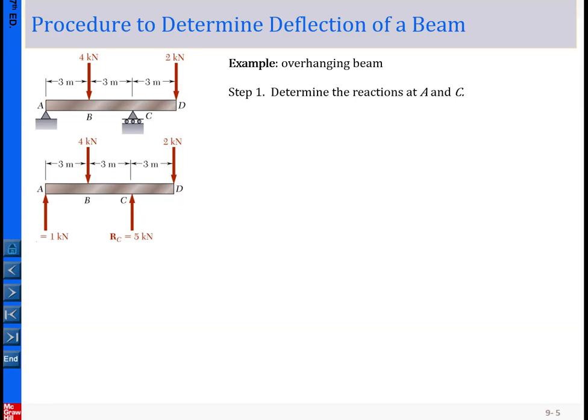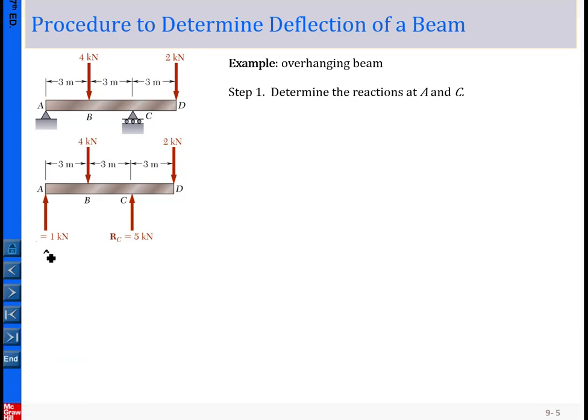So here we look at this example, and step one is again to follow my previous method. I'm going to use the shear and bending moment diagram. First, determine the reactions, and then I can draw the shear and bending moment diagram.